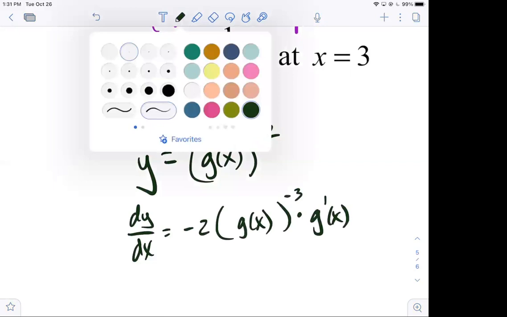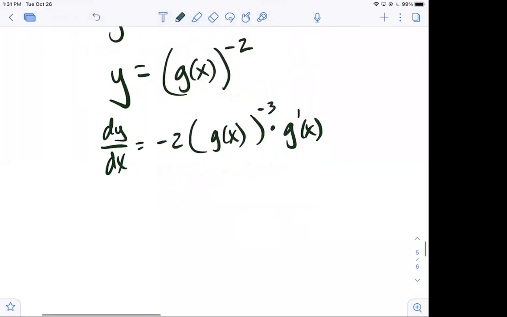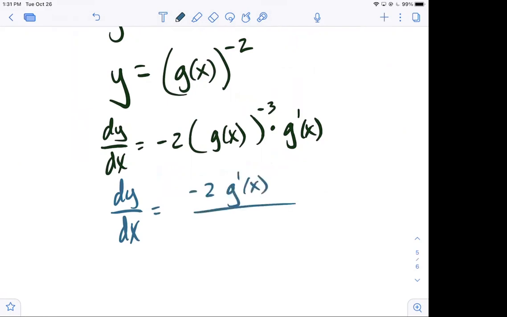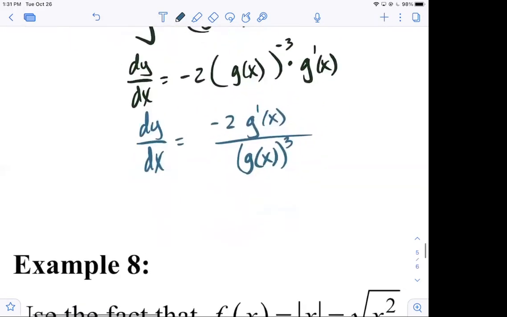Now, because we're going to use it, I'm going to clean it up before I use it. dy/dx is, in the top, going to have a negative 2 g prime of x, and in the bottom, g cubed of x. But because I still want to use it after that, I'm going to keep it in expanded form, g of x quantity cubed. All right. And now we'll plug in the 3.